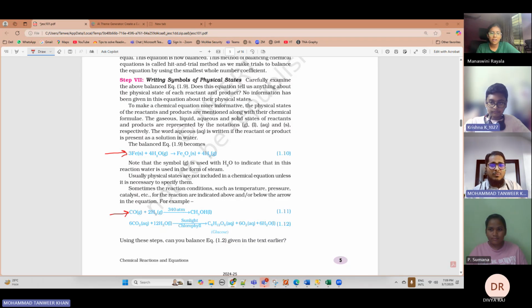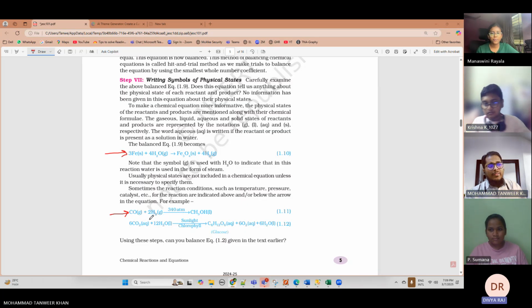It's a very toxic gas. If you smell it for a long time, you will faint. So in this equation, CO is in which physical state? Gas, because G is written here.